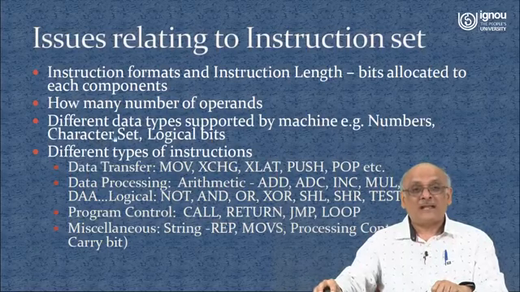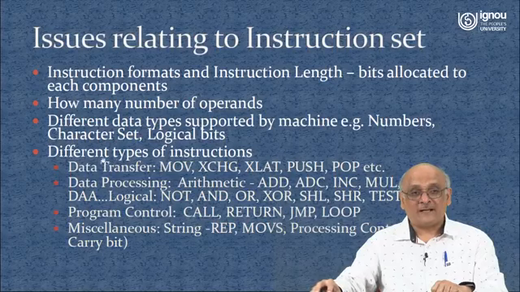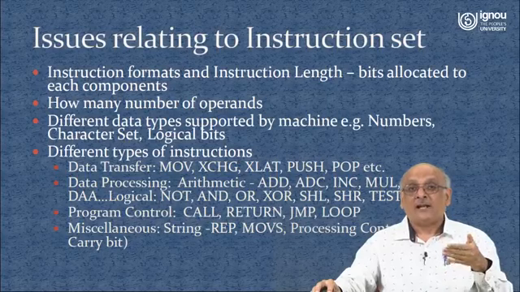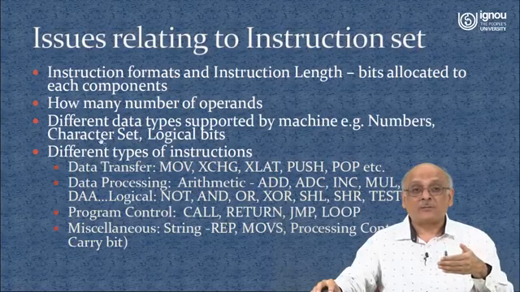All right. Then different types are supported. Different types of data I already said. Character sets we have already studied: ASCII or Unicode, UTF-8 or UTF-16. So what kind of character set is this particular machine utilizing?